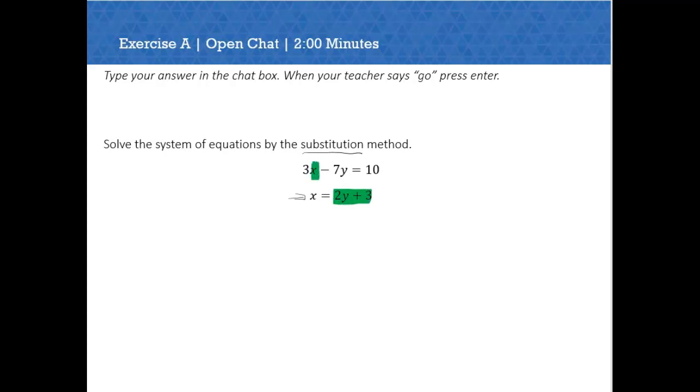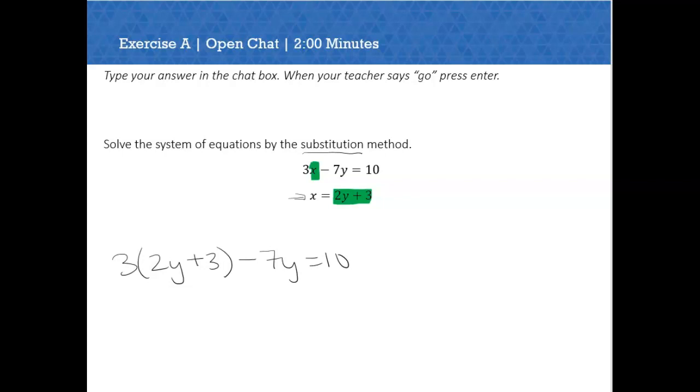The reason we do this is so we can actually solve this top equation. So we have 3x, so instead of x, we're going to write 2y plus 3 minus 7y equals 10. Before we had an x and a y, and now we just have y's.